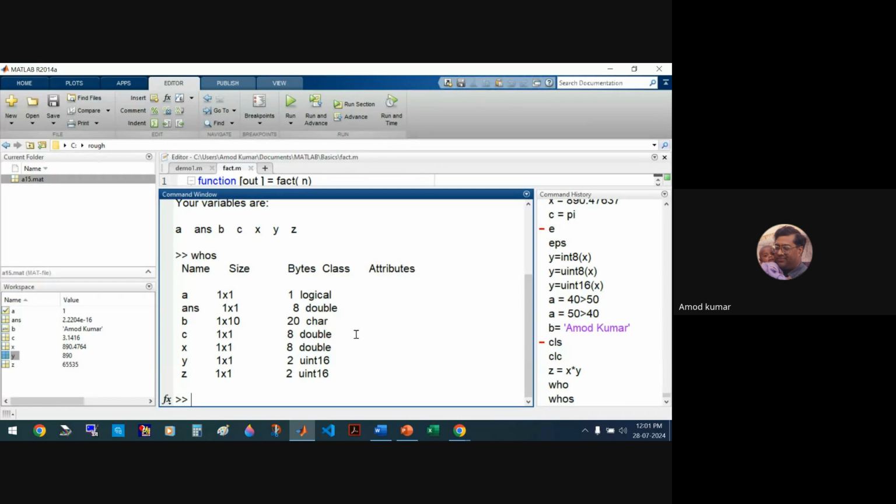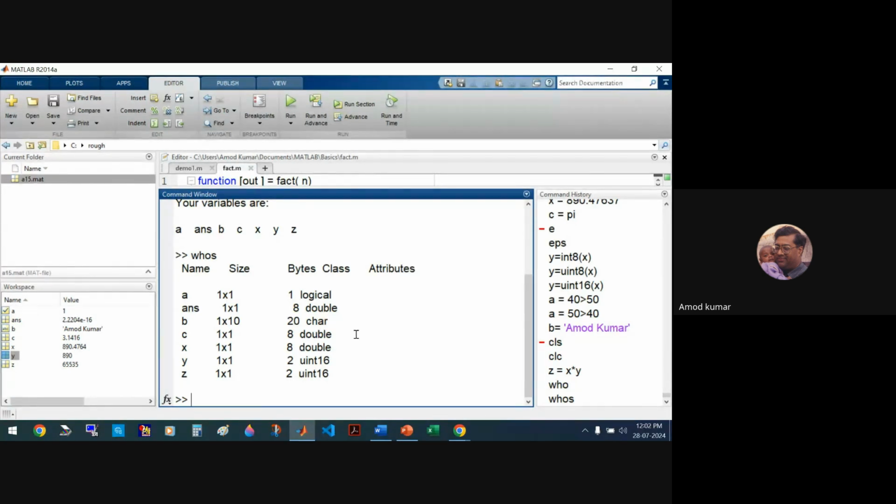All these variables which we created are matrices, and a matrix has a certain number of rows and columns, so its size is represented by rows multiplied by columns. Here, all these, A, Ans, C, X, Y, Z, are one by one matrices. That means there is one row and one column in that matrix.